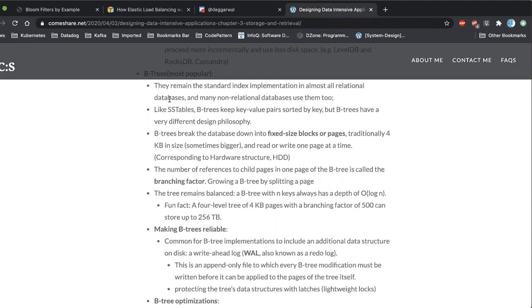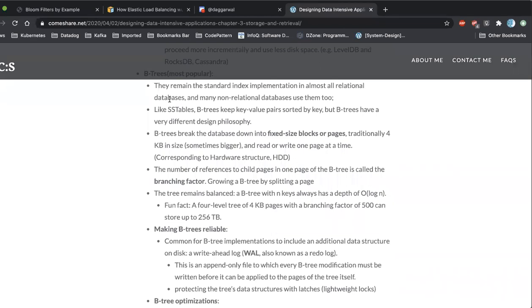Those are the major things that come with B-trees. That's one of the reasons we say B-trees are a mutable data structure and LSMs are more immutable.